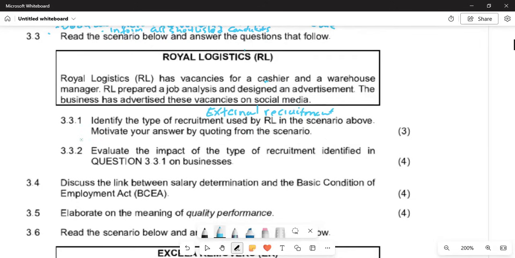That is external recruitment. Then we are to give a motivation. This is where the business has advertised these vacancies on social media.